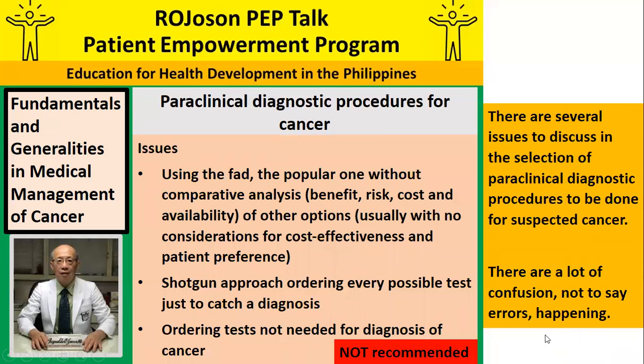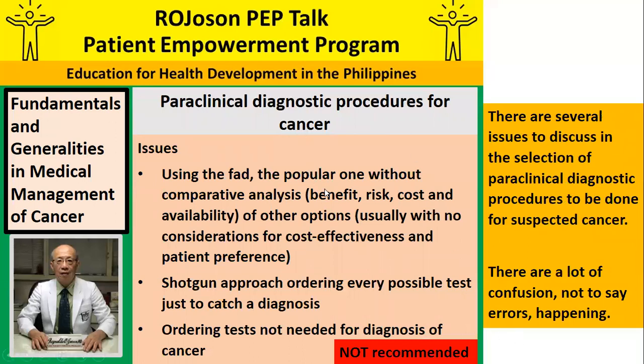There are several issues to discuss in the selection of paraclinical diagnostic procedure to be done for suspected cancer. There are a lot of confusions, not to say errors, happening right now.